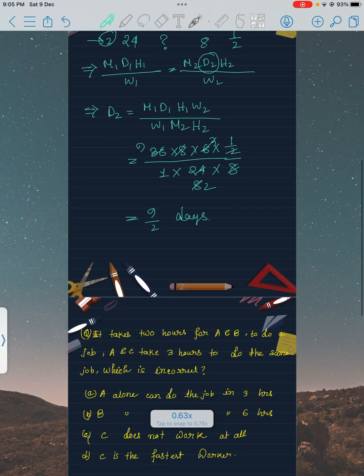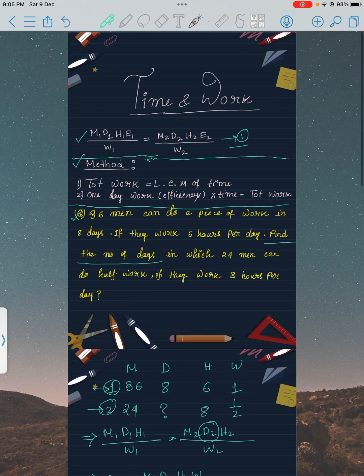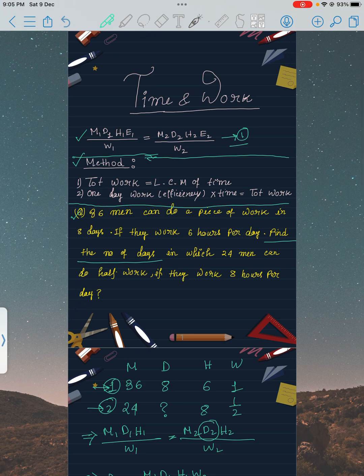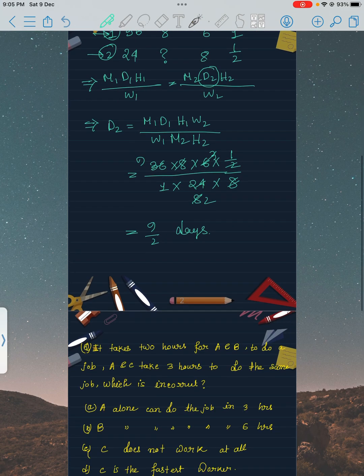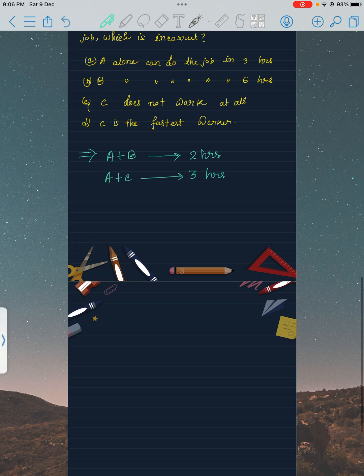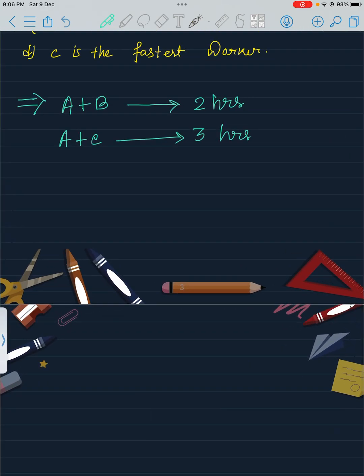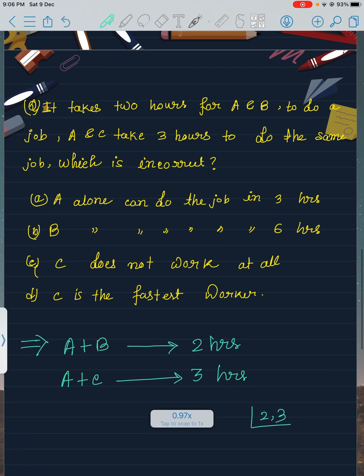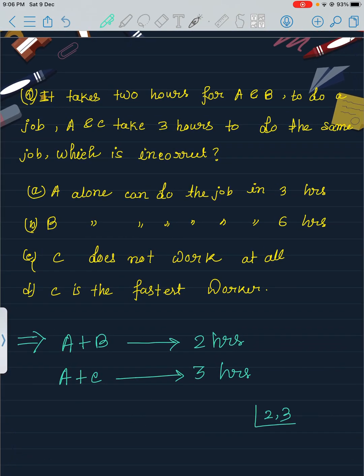Now see the formula here. Total work equals LCM of time. So first of all we have to find total work. LCM of time 2 and 3. Take the LCM. What is LCM? Oh, yeah, another is given here.